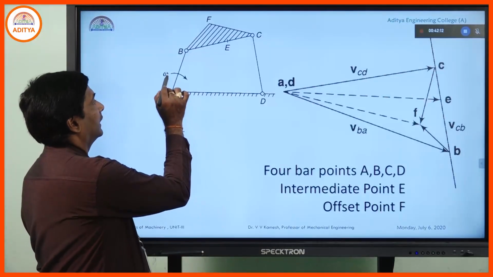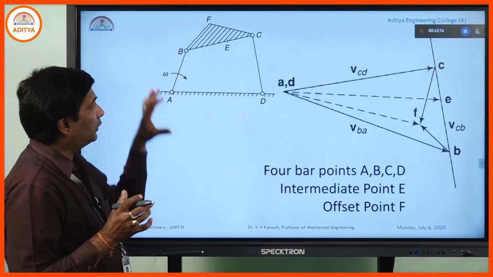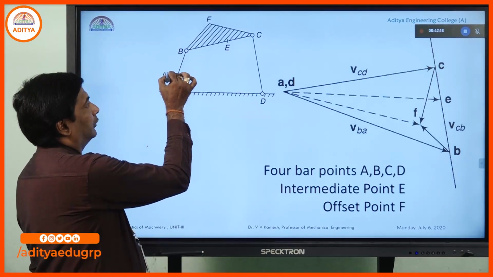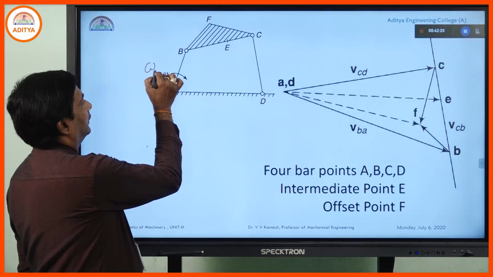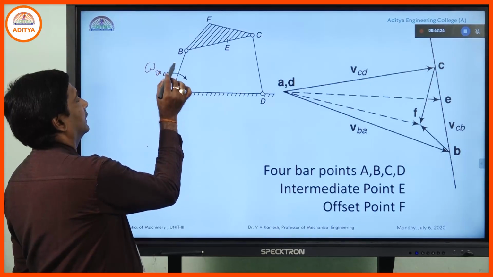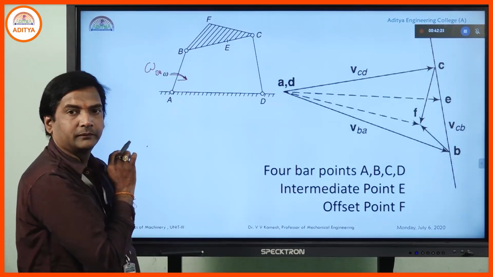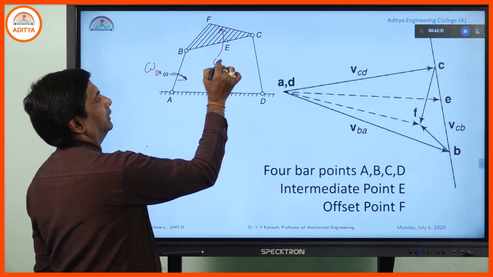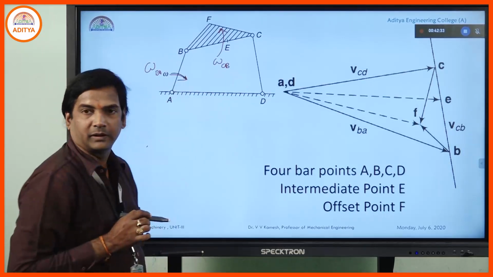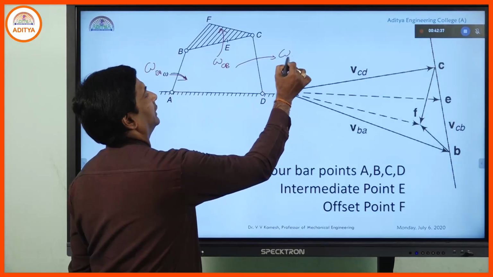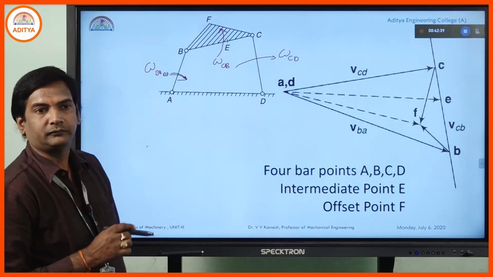The shortcut means actually what is happening in the 4-bar link mechanism. The omega AB or BA, whatever it might be, direction will be like this, and omega BC or CB, whatever it might be, it will be like this, and omega CD will be like this.